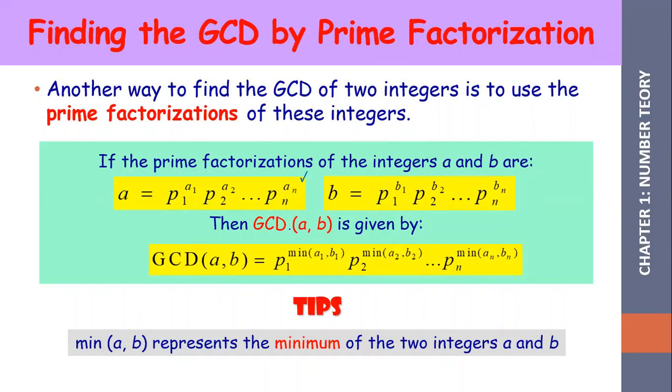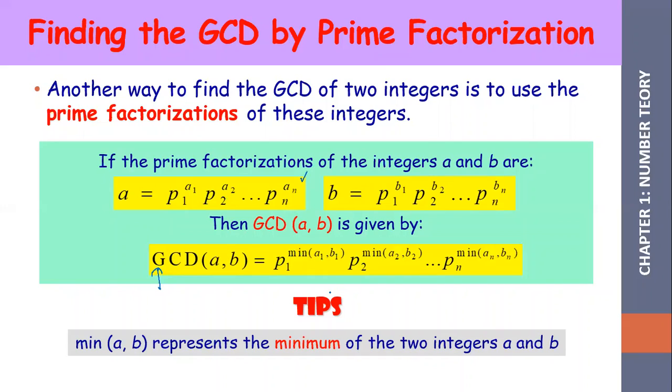So given that GCD of A, B is given by this formula, you will choose the minimum power.